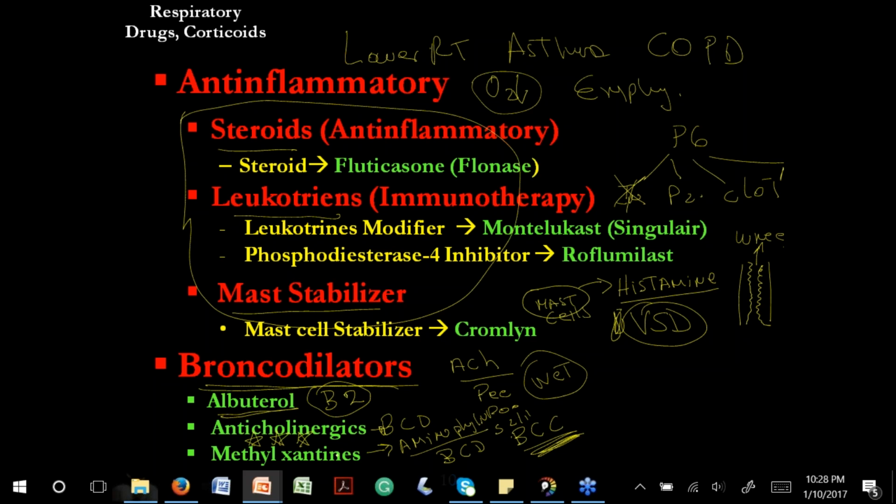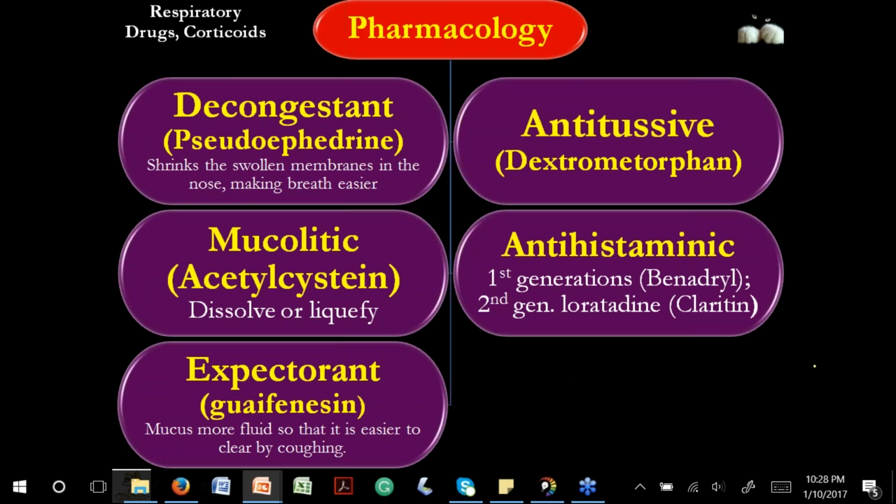For methylxanthines, the most common side effect is increased heart rate. So the patient is going to refer to that as palpitations. It's the most common effect of the methylxanthines. Okay, so let's keep going. If there is any question, please just let me know.